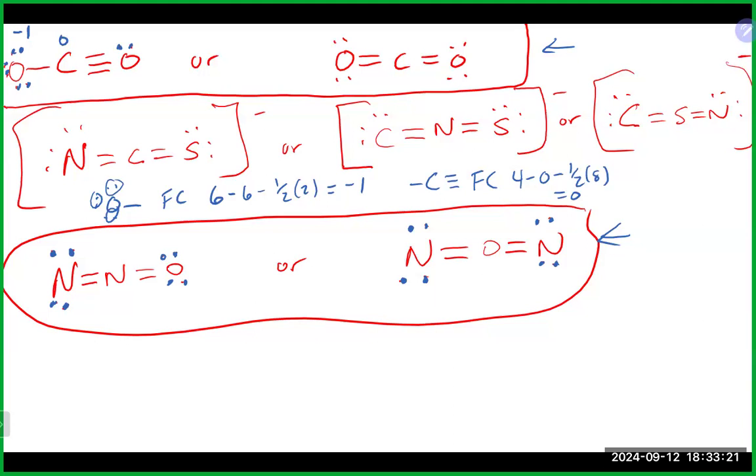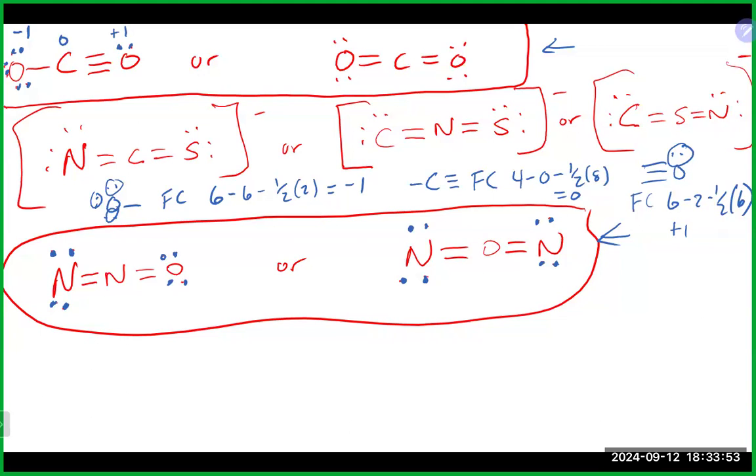And if we look at the triple bonded oxygen, formal charge here, 6 minus 2 minus 1/2 of 6 for our 3 bonds for the triple bond. That gives us 6 minus 2 is 4, minus 3 is +1. So that is the formal charge distribution here. Any questions on those calculations?